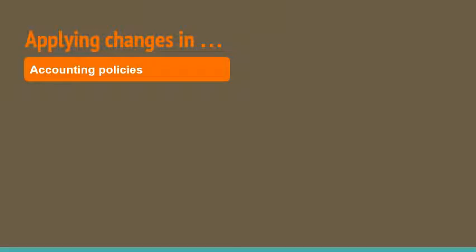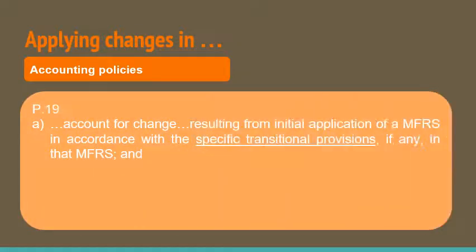If we want to apply the effects of change due to the requirements of a standard that we want to apply for the first time, we must apply according to the specific transitional provisions of the standard, if any. Now basically, in applying every standard, entities will be given a transitional provision, a specific guideline on applying the standards for the first time, usually located at the end of the standard, if it has any.